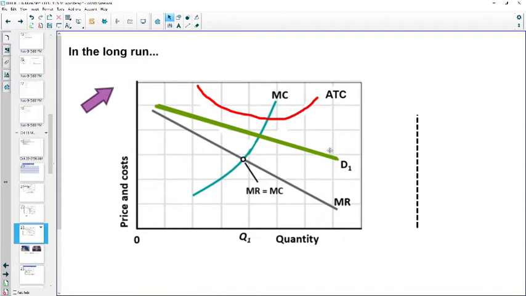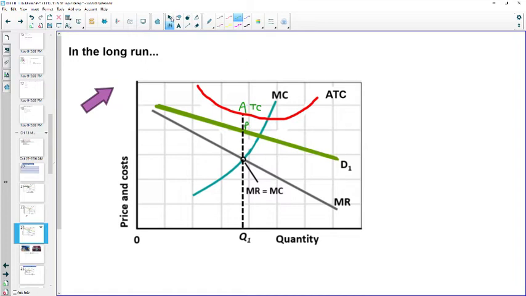Let's say this is the situation for a bunch of competitors in a monopolistically competitive business. Are they making money? Nope. These guys are losing money because the average total cost is above the price down here.